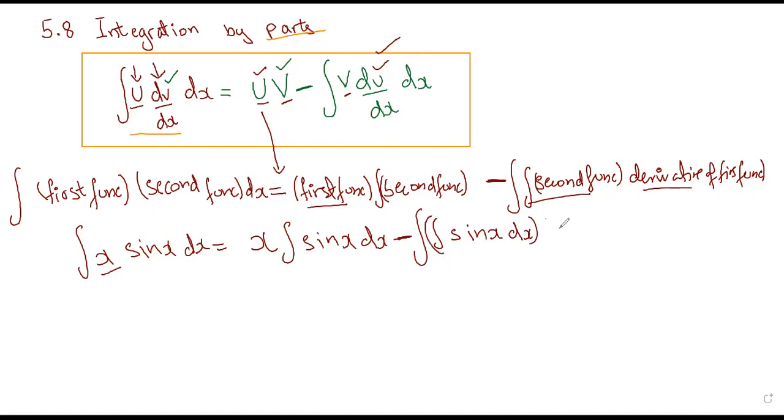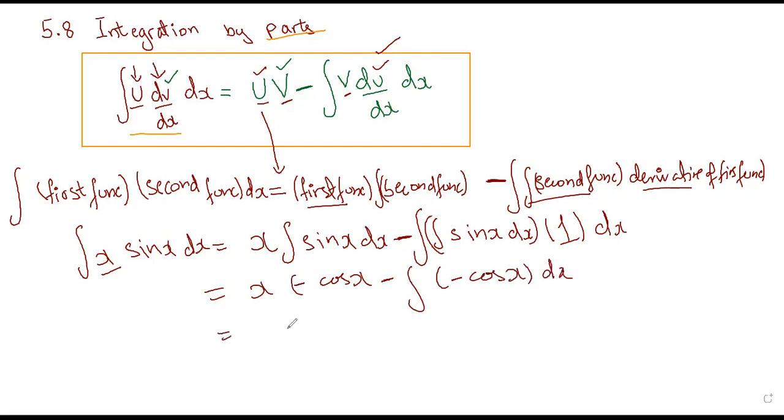X is the first function, the derivative is 1 dx. Now we have x times integration of sine x, minus cos x, minus. The sine would come here as it is, the integral would come here as it is, integration of sine x is minus cos x dx. Now we have minus cos x with an x here, plus. Minus and minus would become plus, the integration of cos is sin x plus c. Now do you understand how to apply the formula?